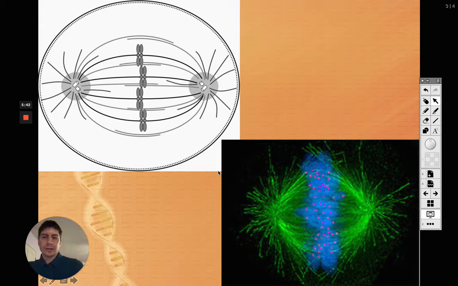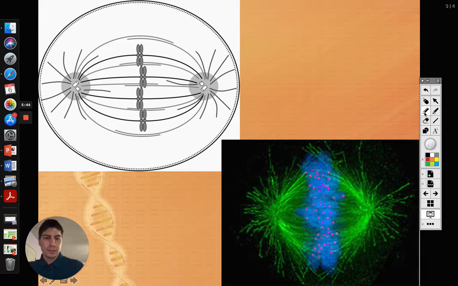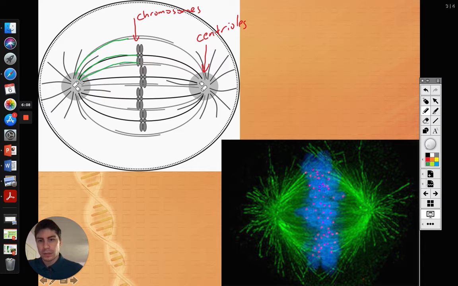Also, what's going on here is, if you look, here are our centrioles right here. Here's our chromosomes in the middle. All right. These are the microtubules I was talking about earlier. So they are going to go and they're going to connect to all of our chromosomes in the middle.